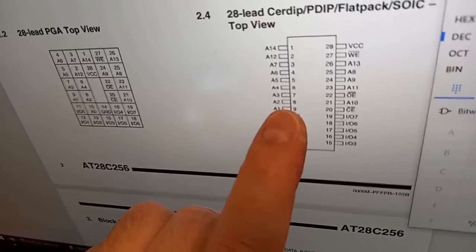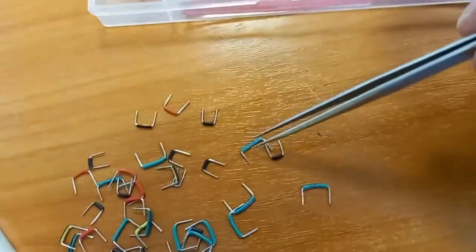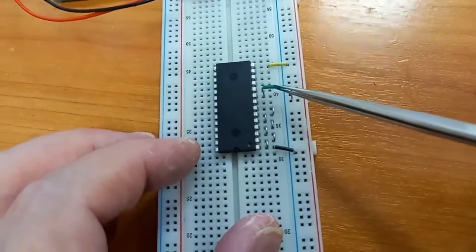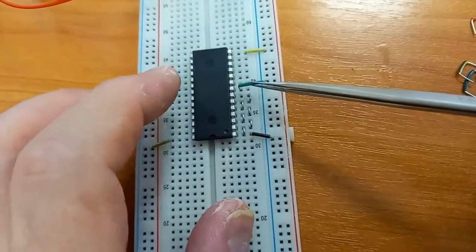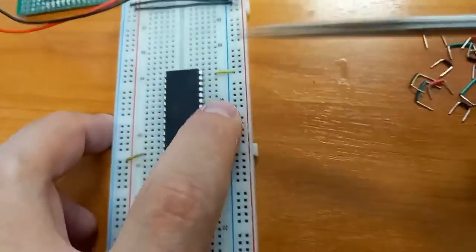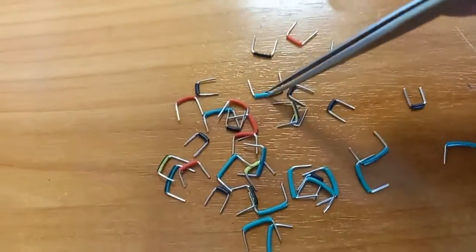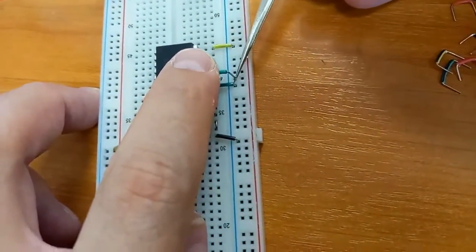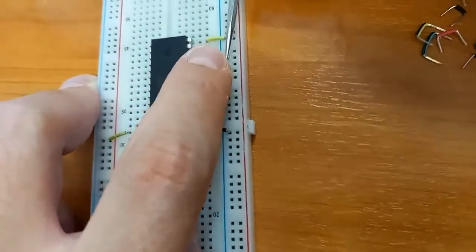Now, legs number 8, 9, and 10, they are A0, A1, A2. We will connect them to 0 as well, but using these longer bridges, because these longer bridges allow us to work individually with these legs later, separately. With each leg, some goes to 0, some goes to 1.